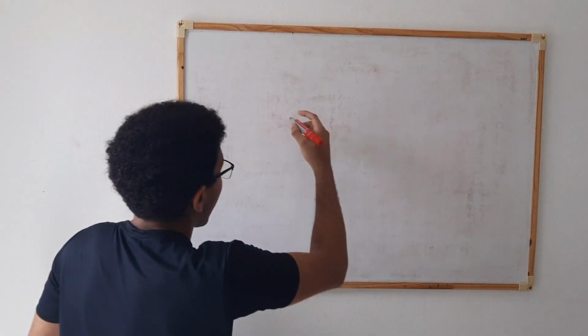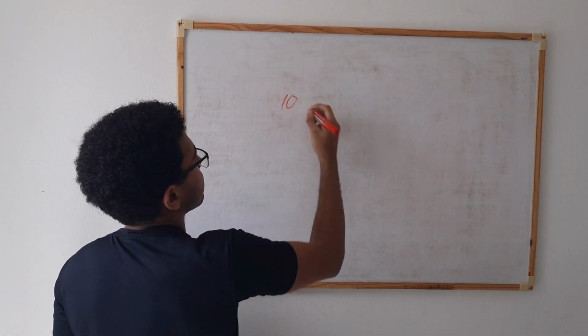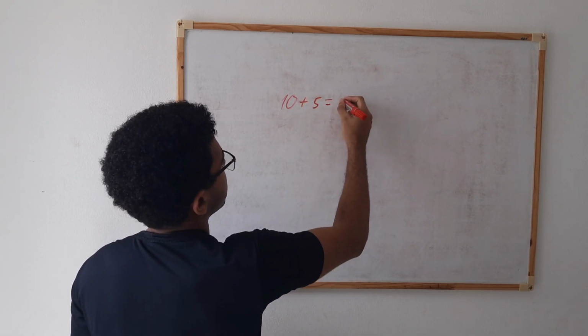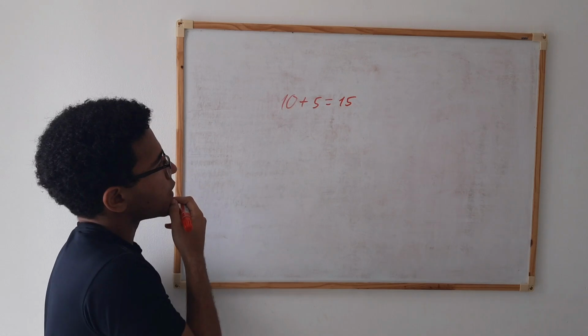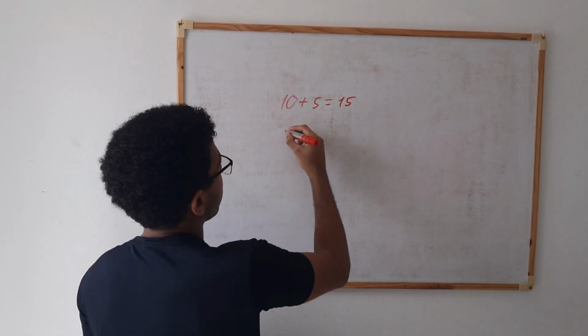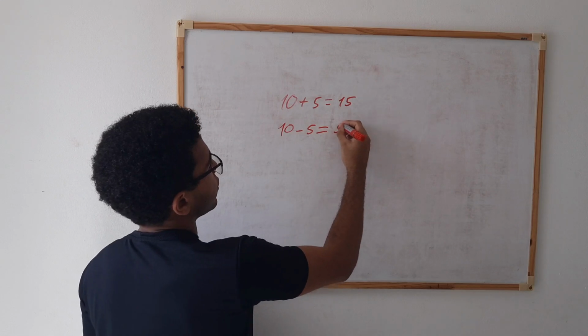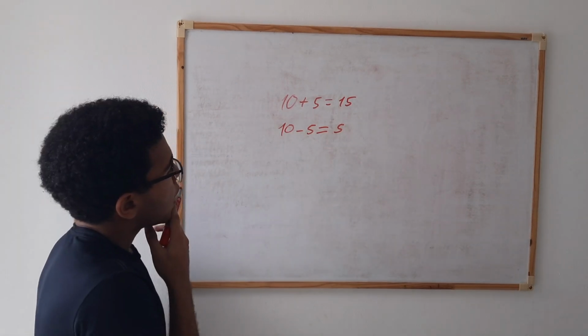So we can have here 10 plus 5, okay? And this is equal to 15, okay? Now we can also have 10 minus 5, and this is going to be 5, okay?